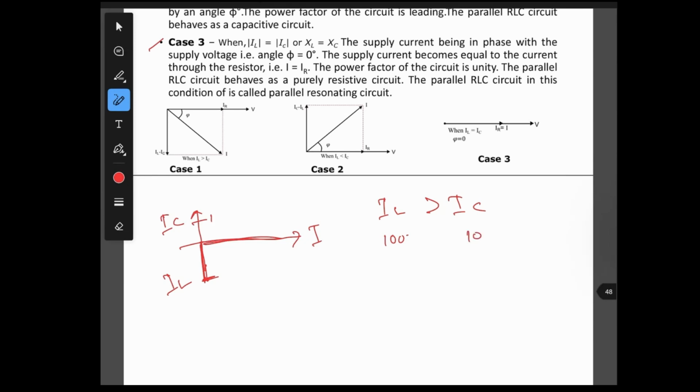So IL will be dominant. The graph will be like this. 90 degrees. This one is voltage. So the magnitude will be here.